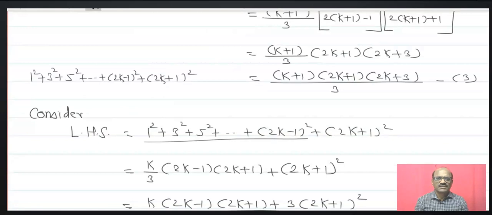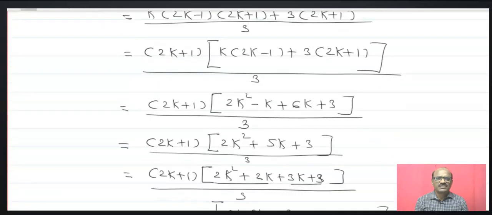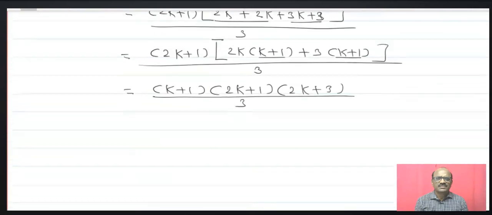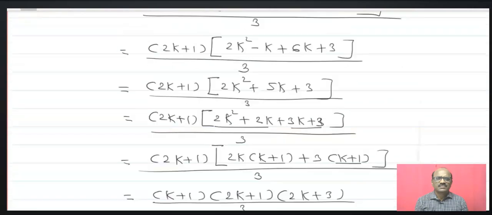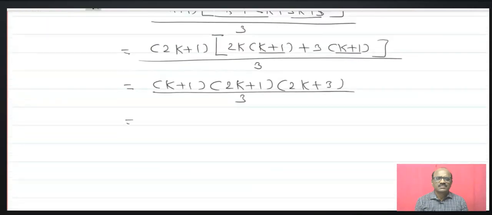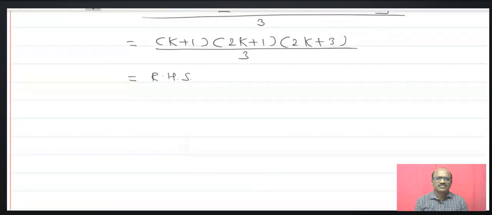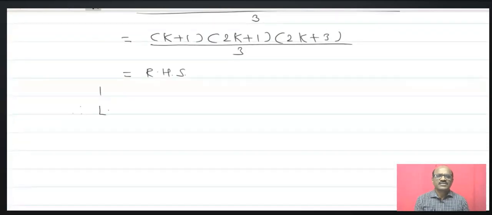Therefore, their values are, now we'll substitute here, that is equal to RHS. This is LHS is equal to RHS.